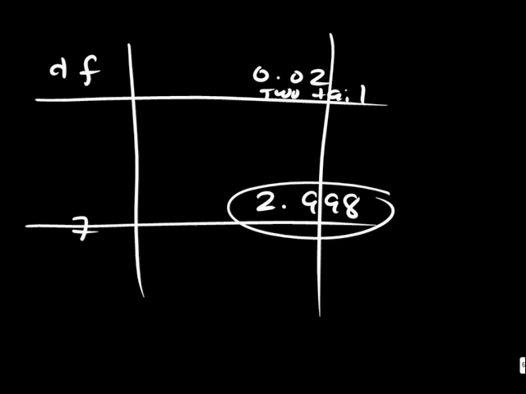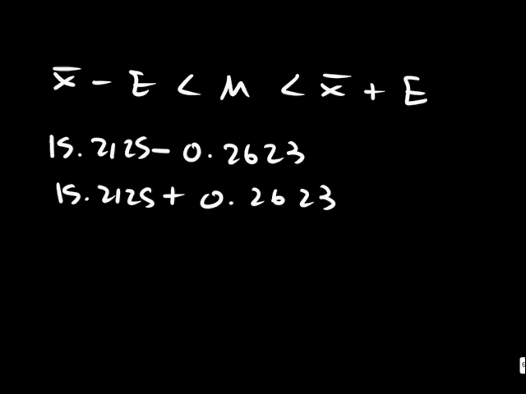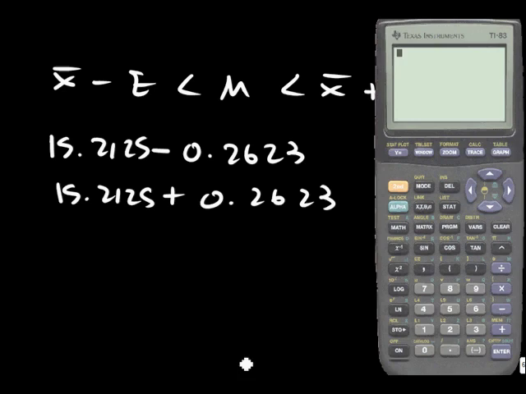Let's try this again. 15.2125 minus 0.2623, 15.2125 plus 0.2623. If we approximate these answers to the nearest hundredth, we get 14.95 and 15.47.